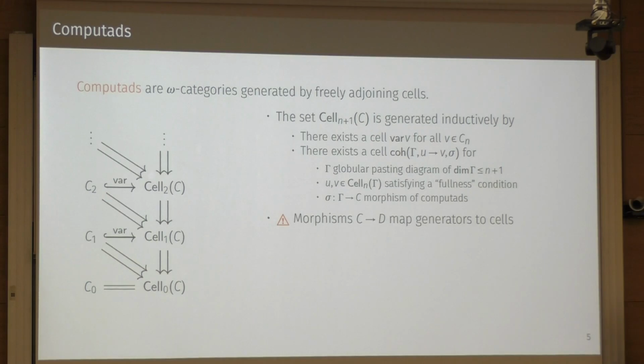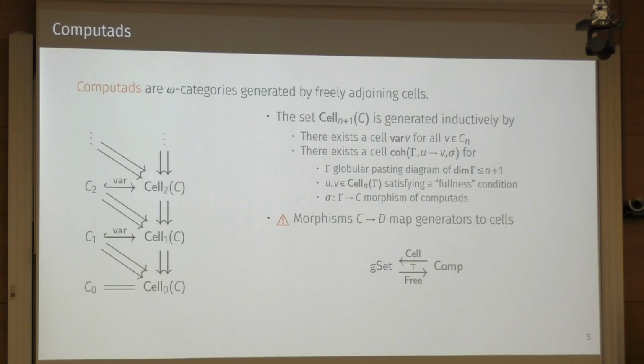Crucially here, to define the set of n cells, I'm using morphisms of computads. Those are diagrams of composable cells. And what I mean by morphisms of computads will be a map that sends the generators of the first computad into potentially composites in the second one. So this is some type of Kleisli category. Those will be the morphisms of omega categories that we get in a moment.